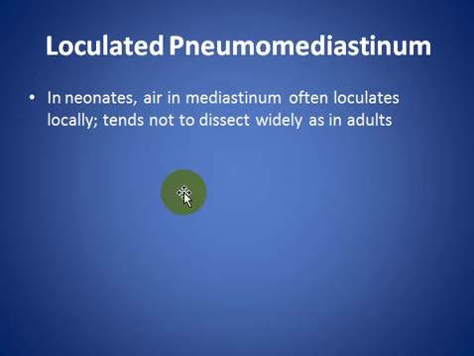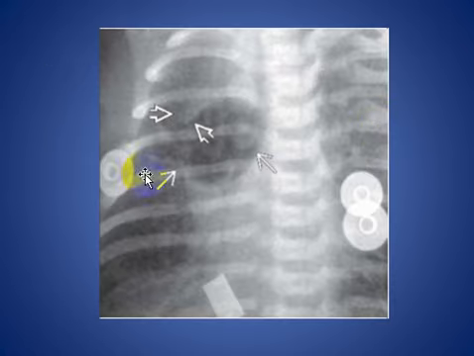Loculated pneumomediastinum is more common in neonates, and air in the mediastinum loculates locally and tends not to dissect as in adults. As we see here, there is chest X-ray of a neonate with rounded lucency representing loculated air within the mediastinum over the thymic area.